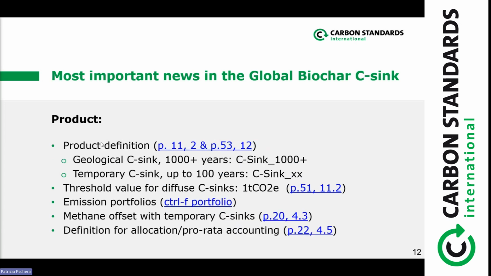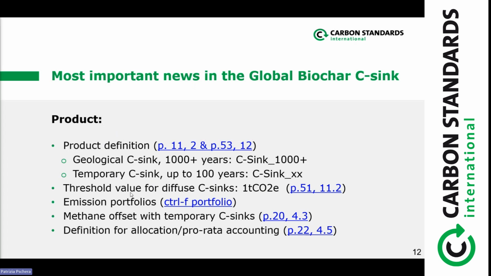For the product, we have an updated product definition. We issue geological C Sinks now that confirm more than 1,000 years stability or persistence. We also introduced temporary C Sinks that cover everything up to 100 years.